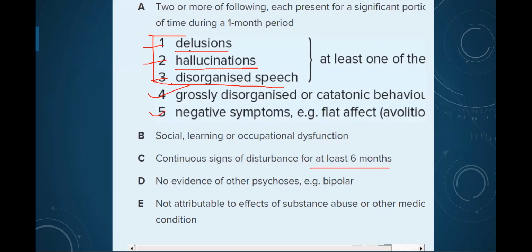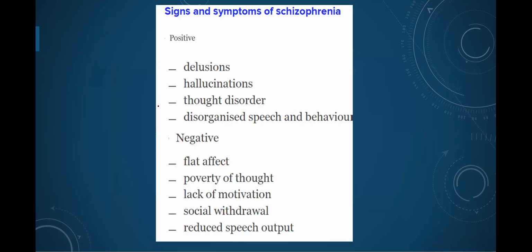And what if a patient has only delusion but no other feature? Everything is good. That's not schizophrenia, that's only delusional disorder. So the patient should have at least one out of these three, and also some of the disorganized behavior or some of the negative features. So these are called positive and negative symptoms of schizophrenia.